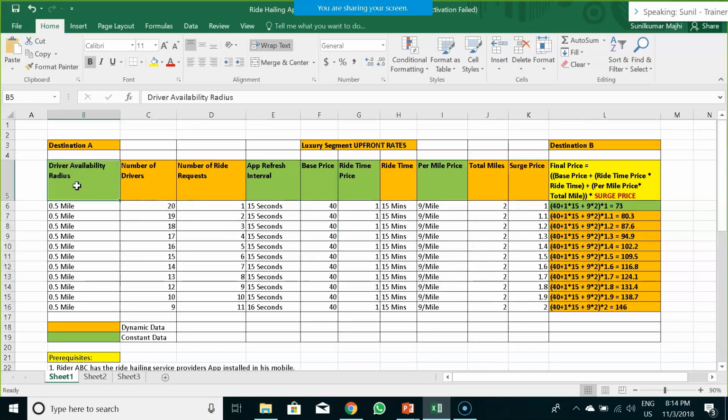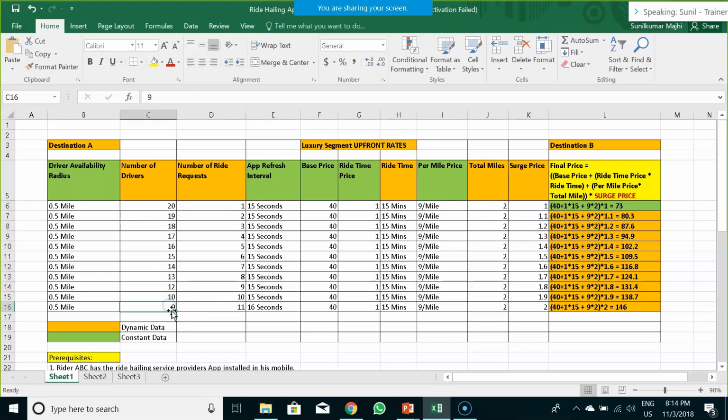Now, if you see, the very important factor is driver availability radius, like how near that driver is available to me. After that, how many drivers are available to take my request. So if the number of drivers is more, the price would be less.